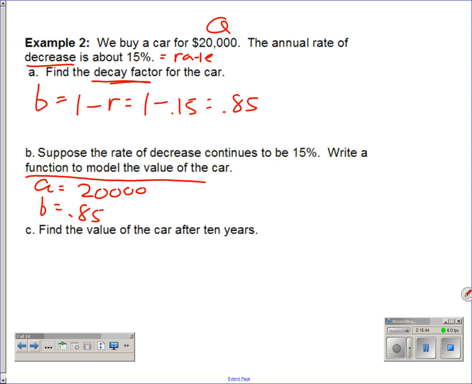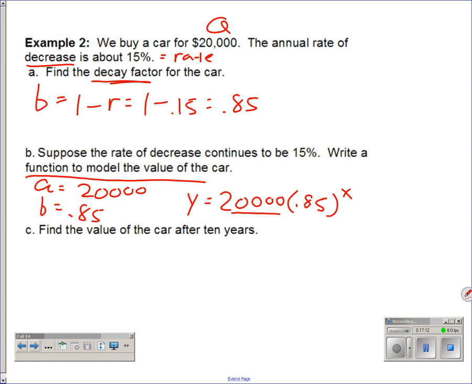So that is, it's in terms of y and x, so y equals $20,000 times 0.85^x. What that's saying is that you're starting off with 20,000 and you're doing 0.85 of that every year, however many years it is. Just going down 15%.